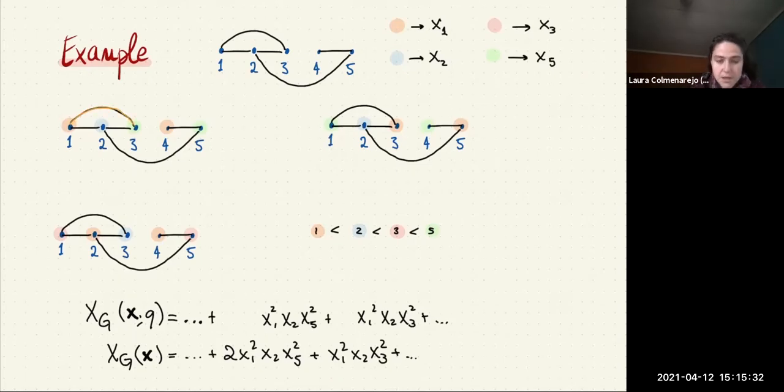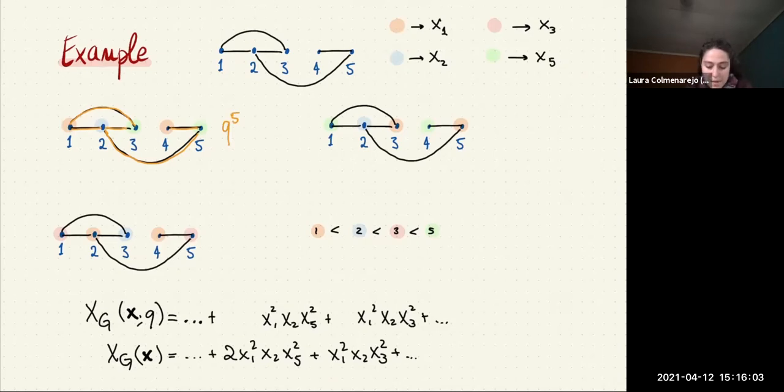This one is giving me an ascent. This one is giving me another one. And now 2 is smaller than 5, so I have another one here and another one here. And now 1 is smaller than 5, so I also have another one here. So actually here, all the edges are counting and adding 1 to the number of ascents. So I have 1, 2, 3, 4, 5. So this is q to the 5 over here.